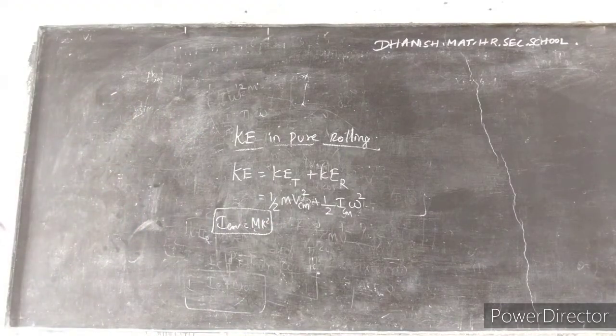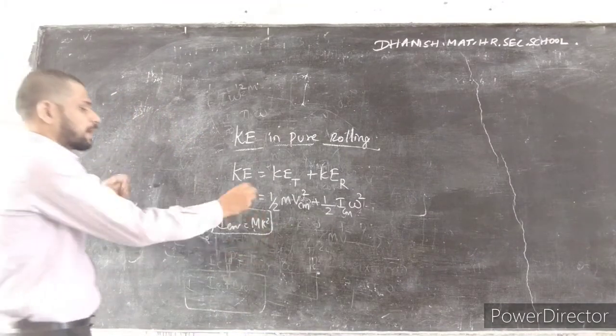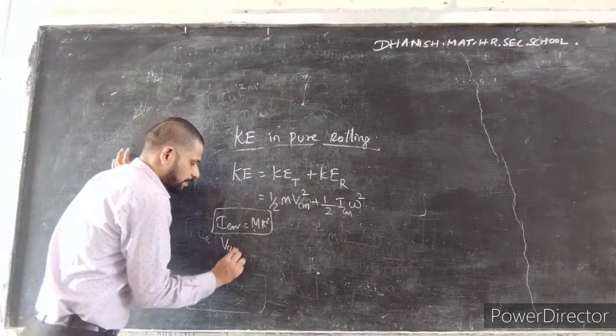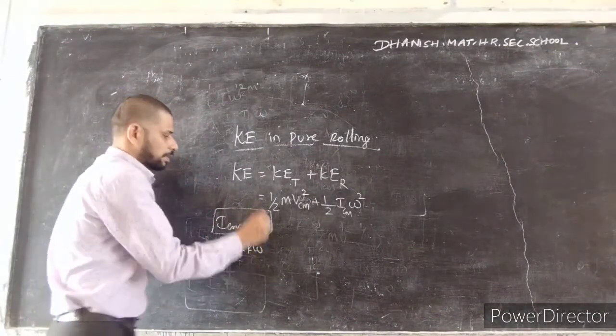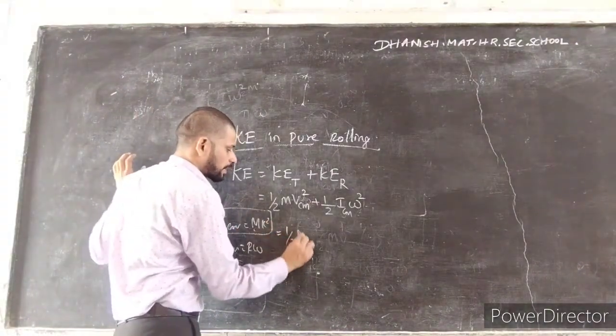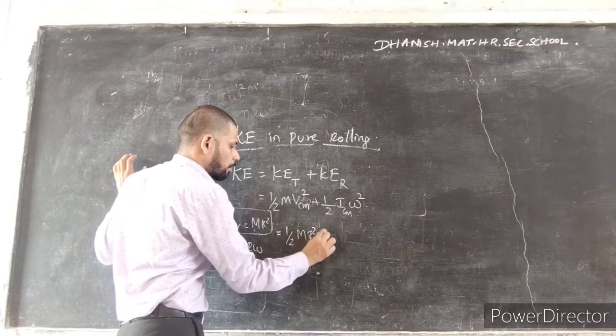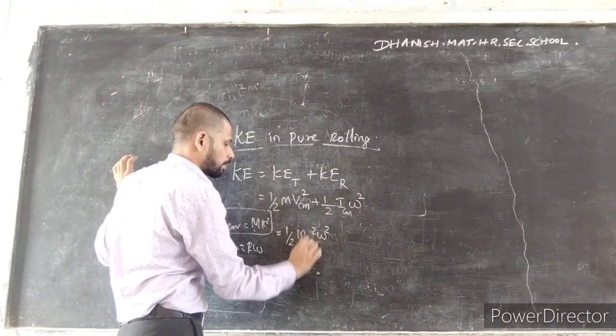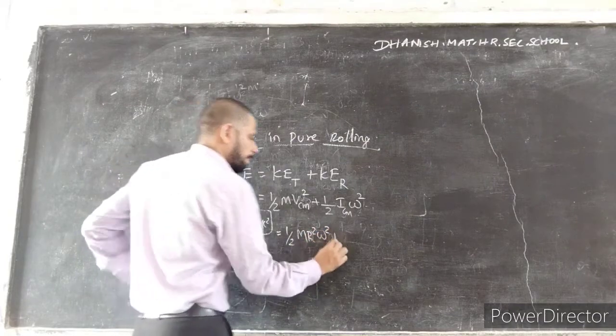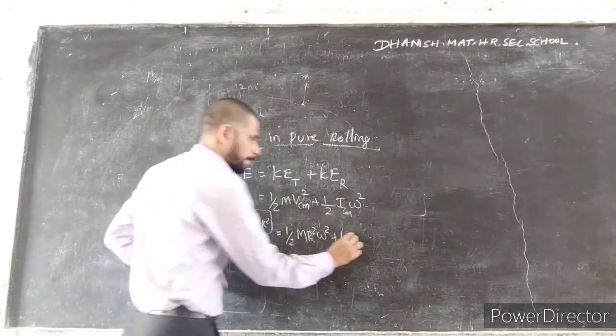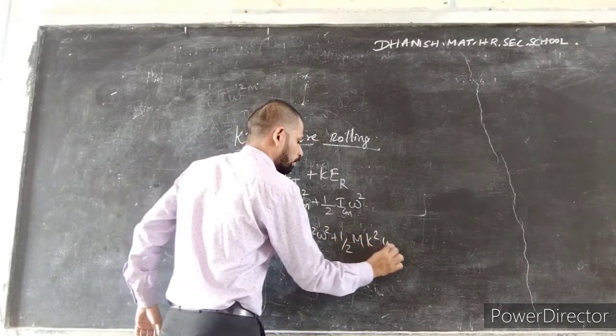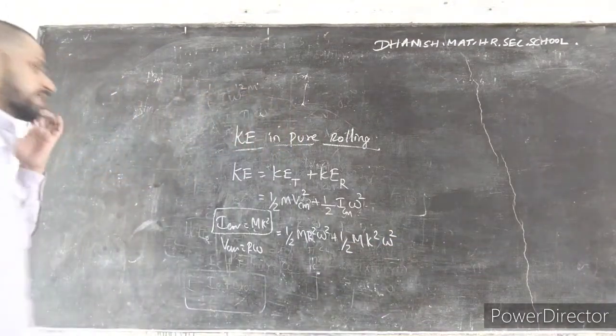Now there is a relation between VCM and R omega: VCM is equal to R omega. So we get 1 by 2 m R square omega square plus 1 by 2 m k square omega square. From here take out the common things.